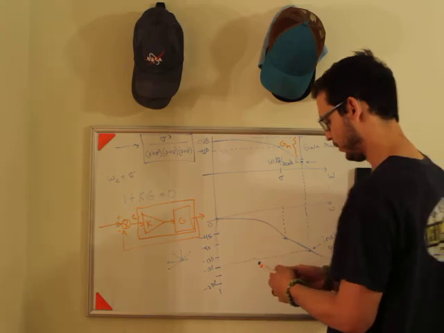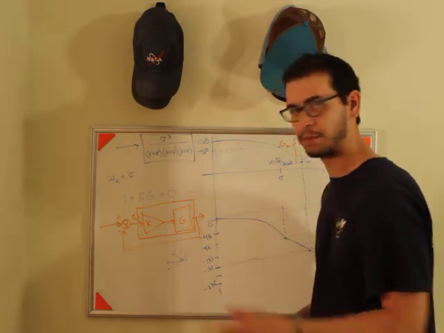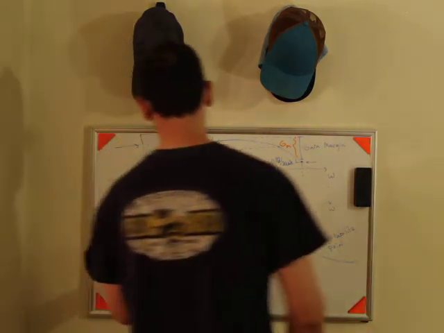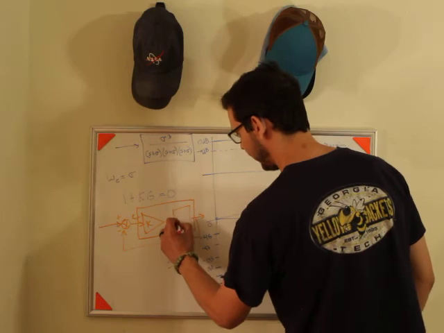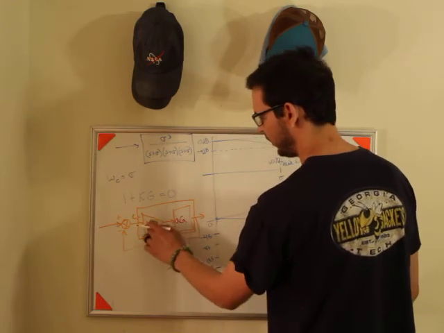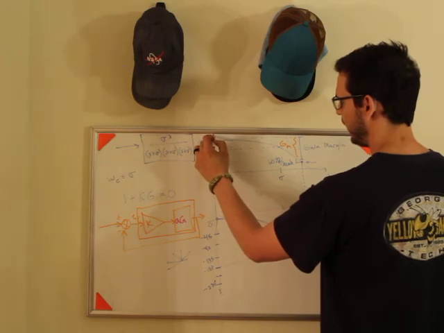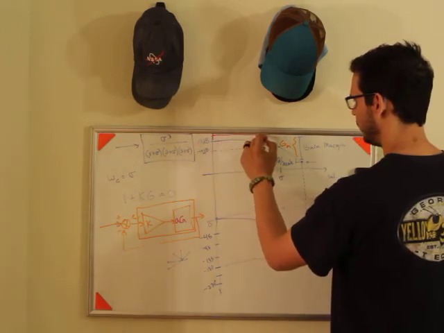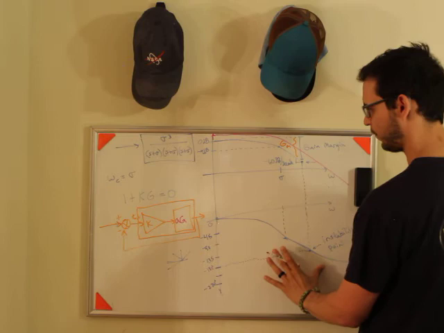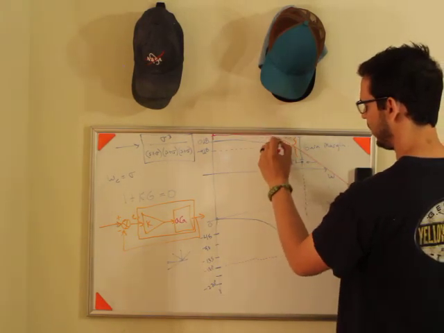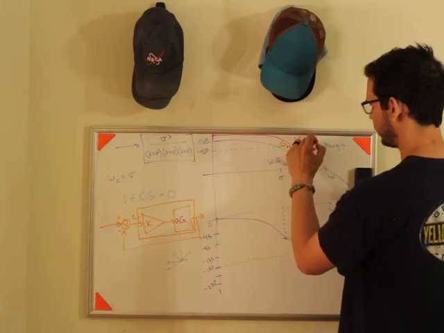Now what you can also do is come in here, let me grab this marker over here. If I multiplied this by A, and I said AG, and it'd be KAG, what A would do is shift the curve up like this. It would keep the phase the same. If I shifted the curve up, now I've got a smaller gain margin, right?